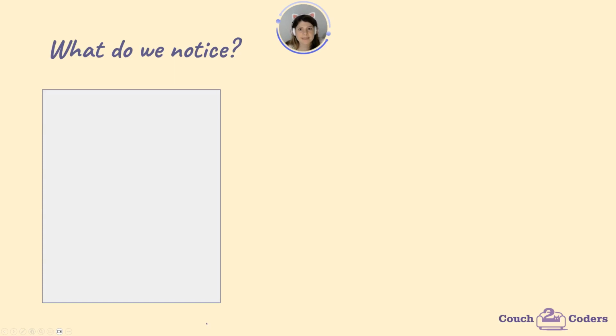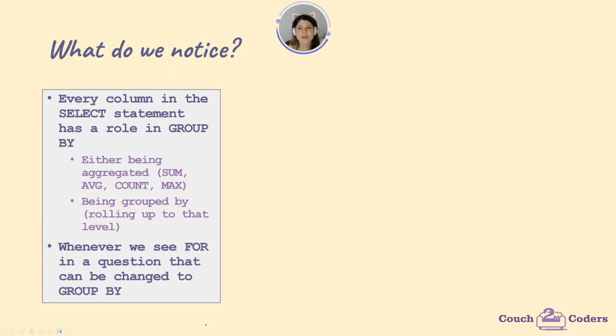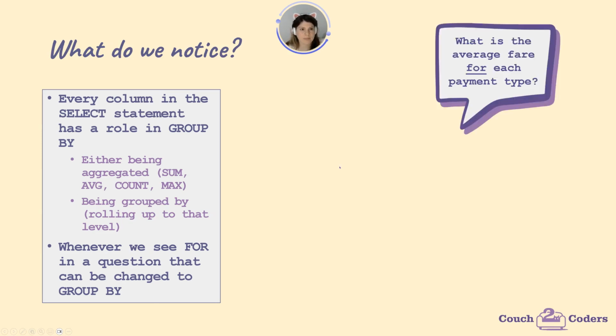So what are some things that we notice? We notice that every column in the select statement has a role in group by. Either you're being aggregated, sum, average, count, max, or you're being grouped by, which we would call rolling up to a level. Another tip that I have is whenever we see the word for in a question, we could change that to group by.